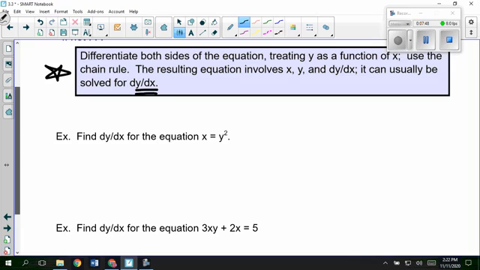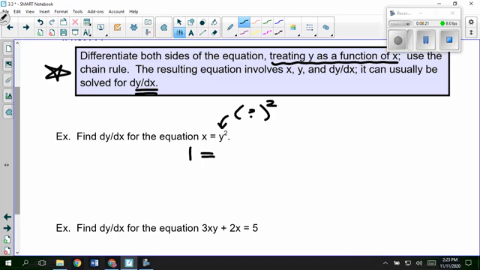We're going to take the derivative of the x side, and the derivative of x is 1. So we've got that going for us. The other side, the derivative of y squared: what we set up in the directions is that we're going to treat y as some function. What that means is that we have some function squared. We don't really know what that function is. Obviously, we could technically find it by getting y by itself, but we're going to pretend it's unknown.